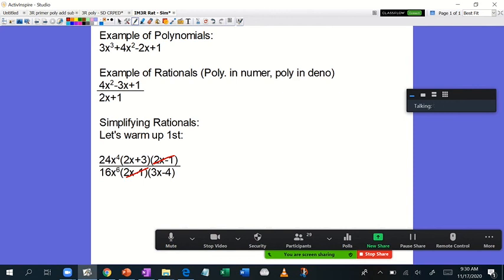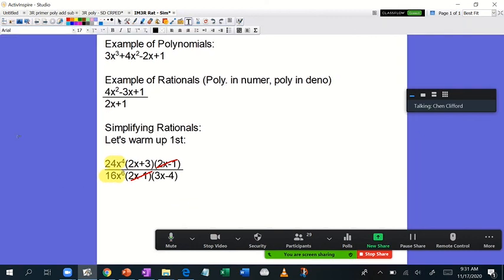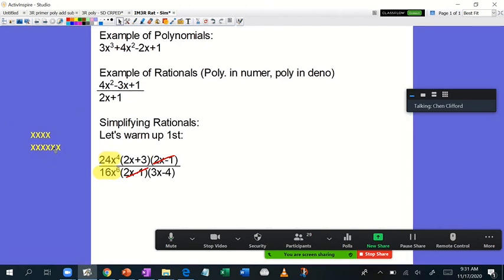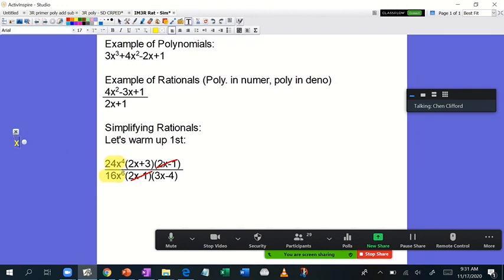Now if I have 4 x's on top and 6 on bottom, we're going to work on this piece right now. 1, 2, 3, 4 on top and 1, 2, 3, 4, 5, 6 on bottom.